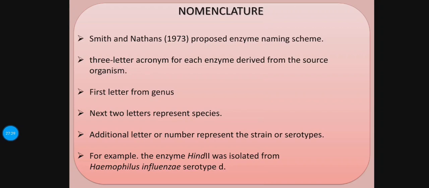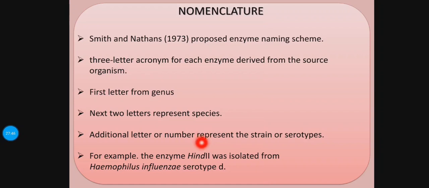Here I am taking one example. Restriction enzyme HinD2 was isolated from Haemophilus influenzae serotype D. H is for Haemophilus, it's the genus.